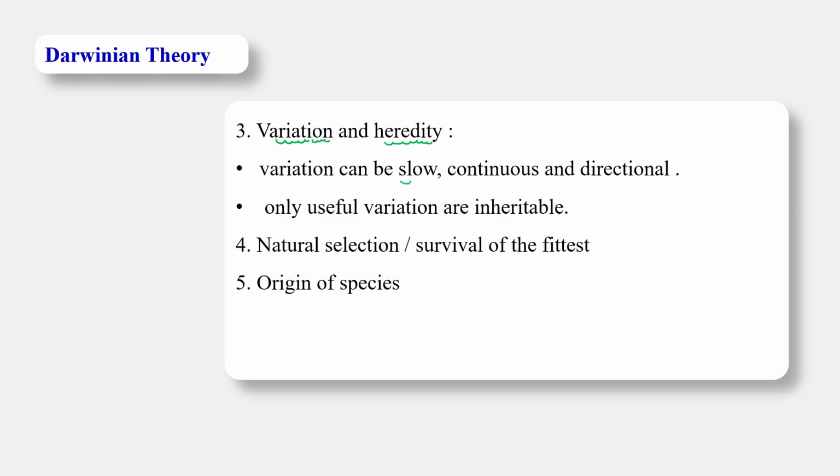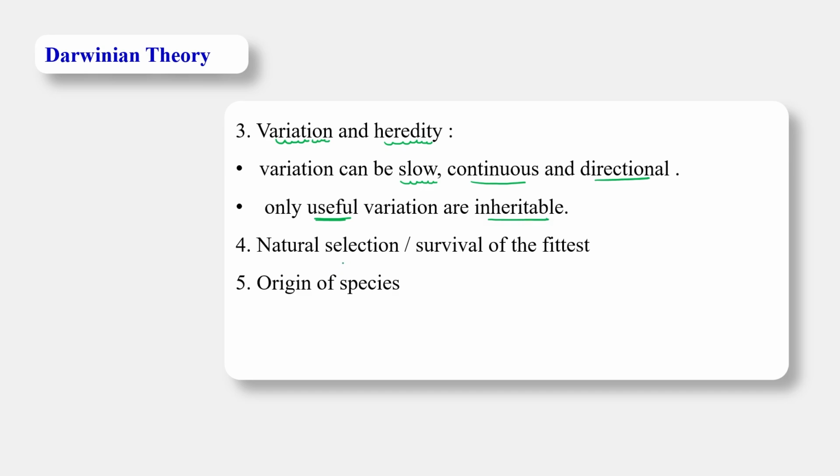Variation can be very slow, but these variations can be slow, continuous, and directional according to Darwin. And according to him, variation can be of two types, useless variation and useful variation, but only useful variations are heritable according to him.